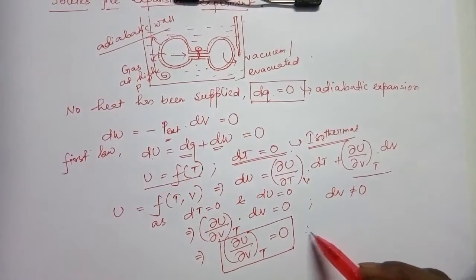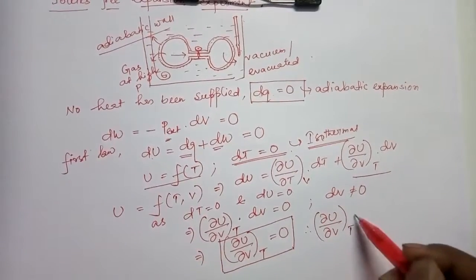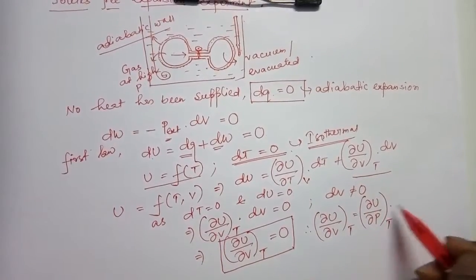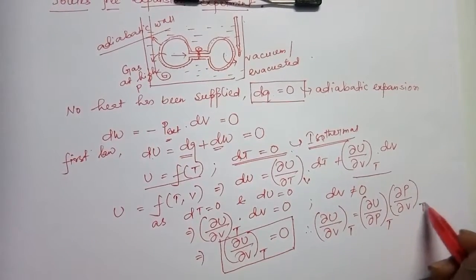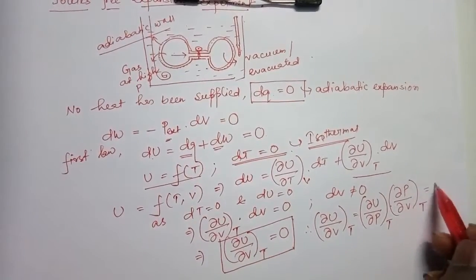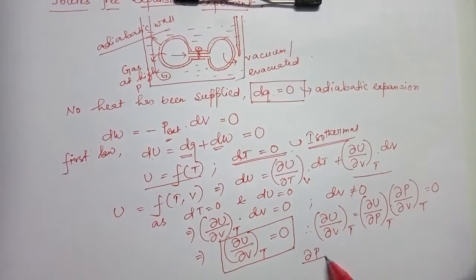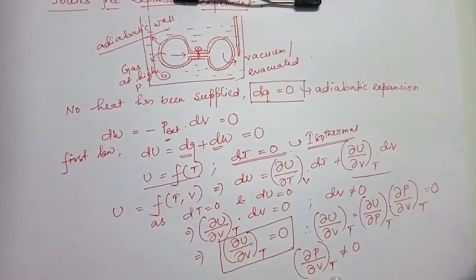Now we can write del U del V at constant T equal to del U del P at constant T into del P del V at constant T. So this is 0, right? Now del P del V at constant T is not equal to 0, it is always negative. If at constant temperature the volume increases, then pressure decreases, or if pressure increases, then volume decreases.